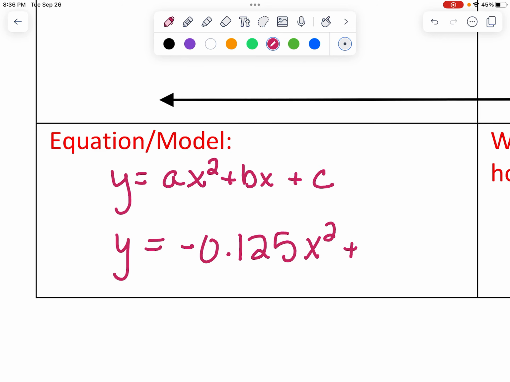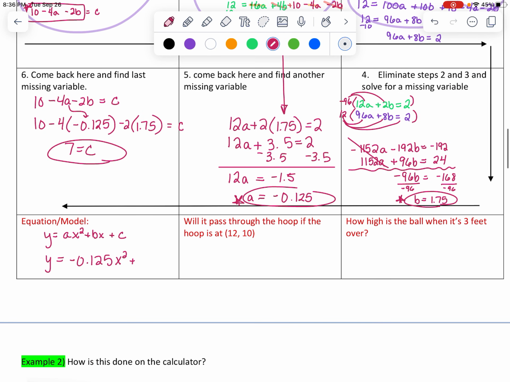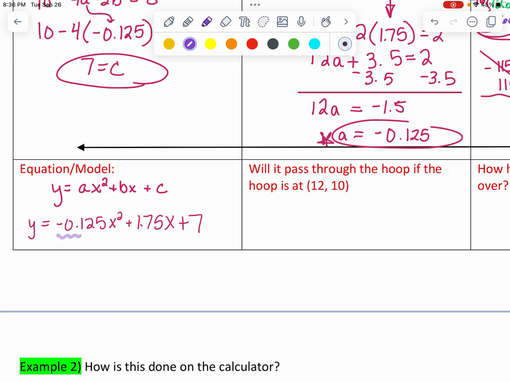We fill in B. Better look at it. And we fill in C. And that is the model that they're looking for. So the model consists of finding A, finding B, and finding C, and filling those in. But you had to work for it pretty hard here.